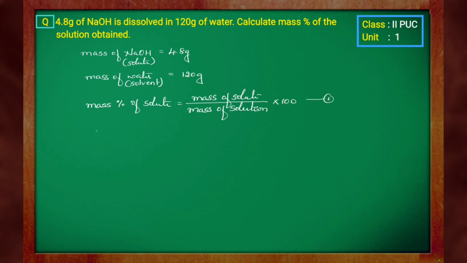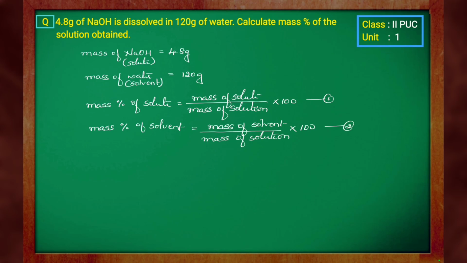I'll write this as equation 1. Similarly, mass percentage of solvent is equal to mass of solvent divided by mass of solution into 100. I'll write this as equation 2.